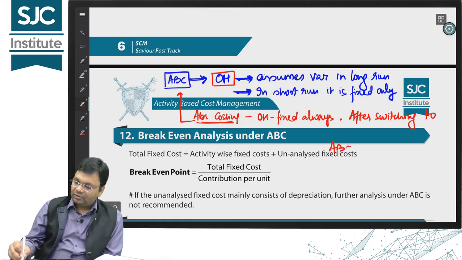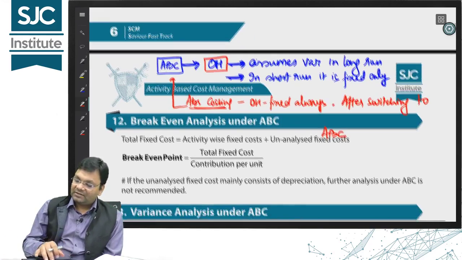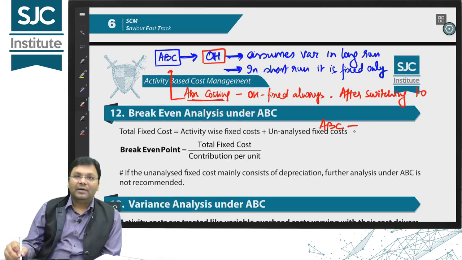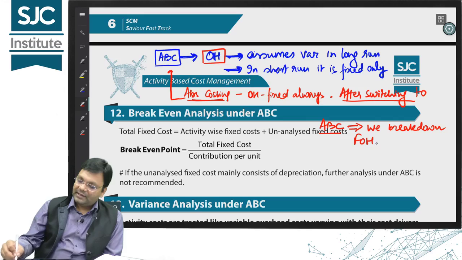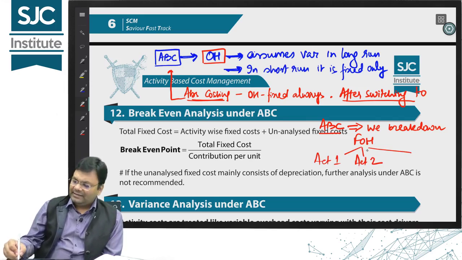You should focus more on listening. After switching to ABC, we analyze and break down our fixed overheads into multiple activities, activity 1, activity 2, right? And in some cases it may be possible that we have not taken breakup of entire fixed overhead.